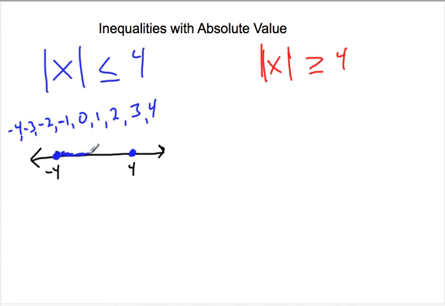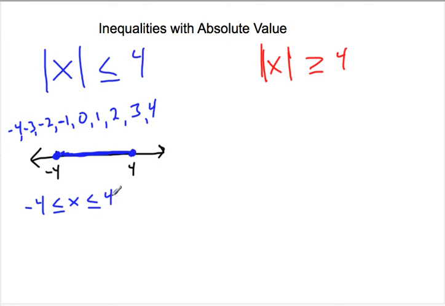And if you remember from 2 videos ago when we were graphing compound inequalities, this is an AND statement. It's the intersection of 2 statements, and those 2 statements would be that x is greater than or equal to -4 and also less than or equal to 4.